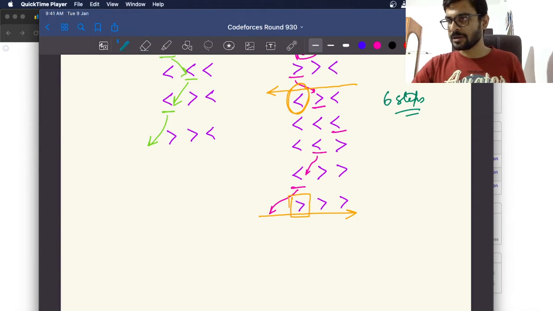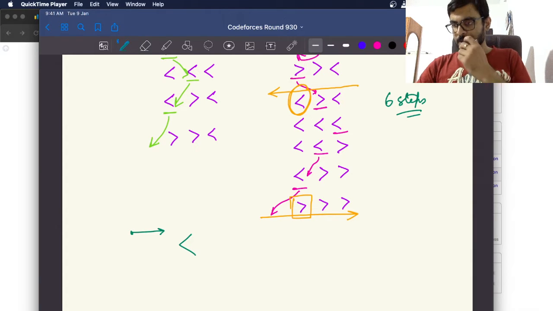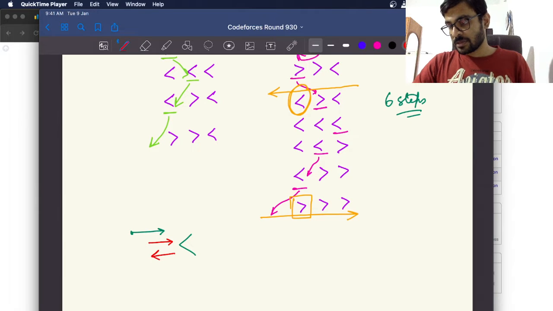So if I take the other way of the picture as well, let's say I have a left arrow over here and something is going to it from the left. First time it gets rebounded, it will hit, it will come back. And what happens to this? This one changes itself to a right arrow.